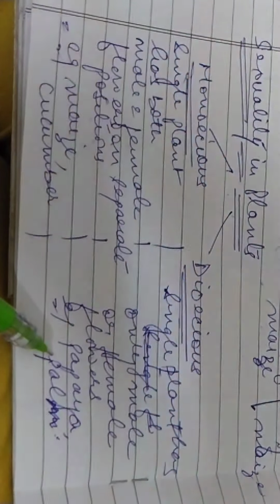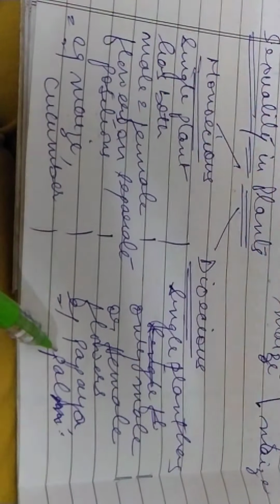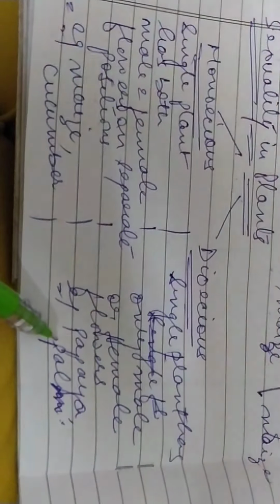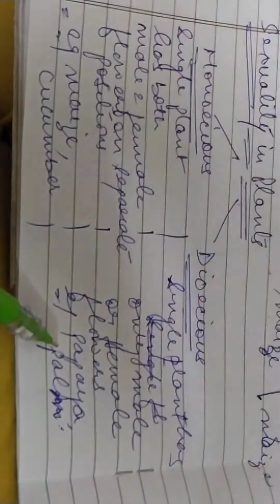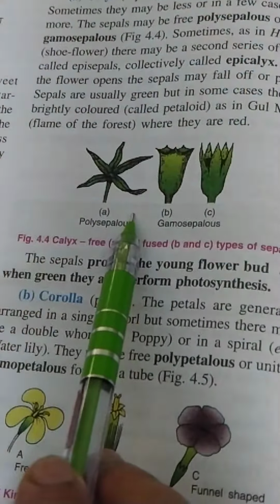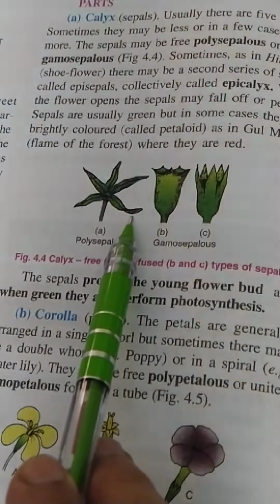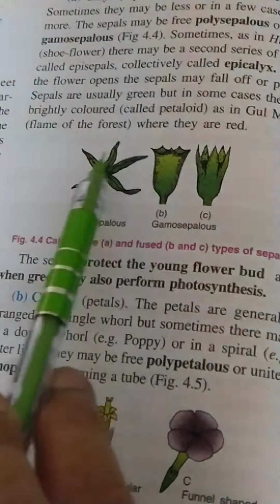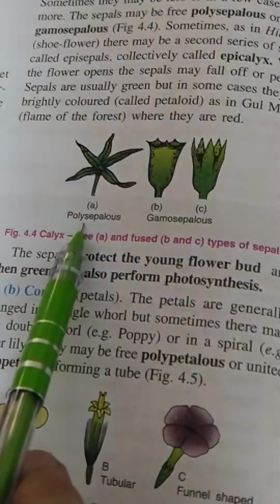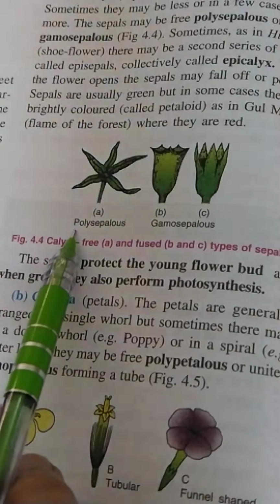Now we talk about the description of the parts of the flower. First we do the calyx. Calyx is made of sepals. A single one is a sepal, and the collection is called the calyx. If the sepals are free from one another, that is called the polysepalous condition. Poly means free.